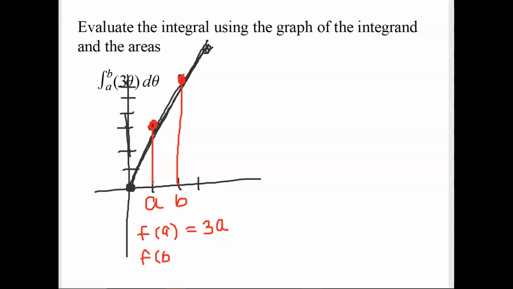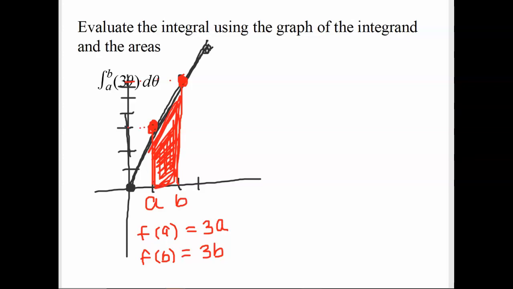And f of B would be plugging in B to your theta, so that would be 3B. So this height here and that height here are 3A and 3B. So this is once again a trapezoid. It looks like a small subinterval of a Riemann sum.